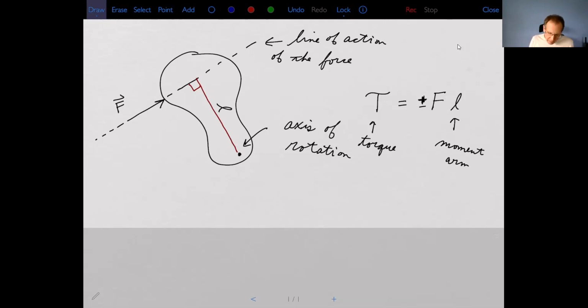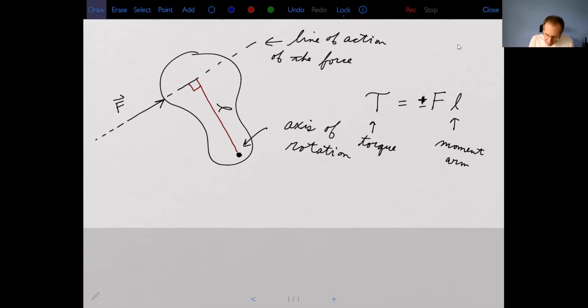Now, what about the positive and negative? Well, if I were to actually exert a force F on that object, and it's pinned, let's say there's some axle that it can rotate on, at the axis of rotation, what would happen to this object? Well, it would rotate clockwise.